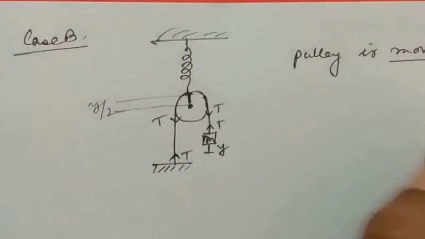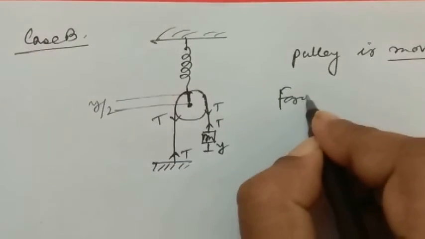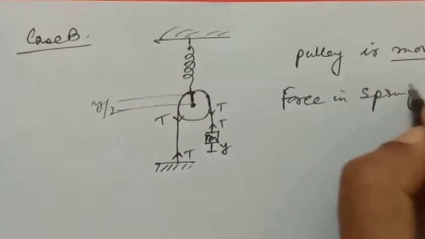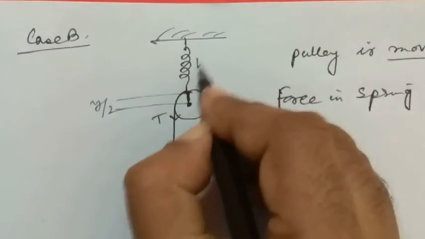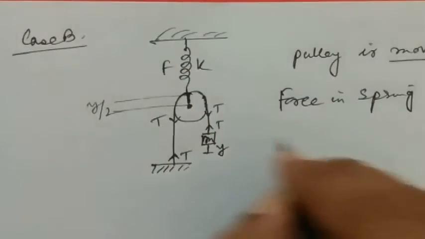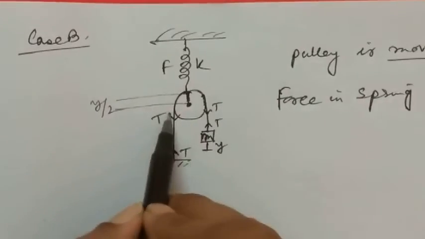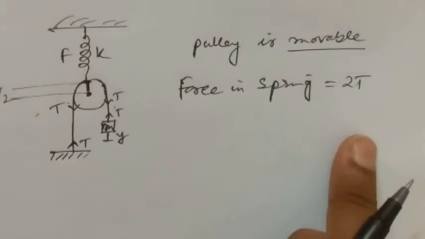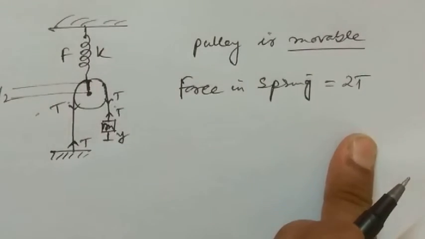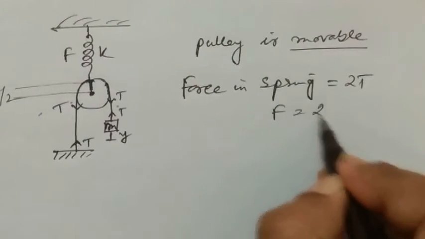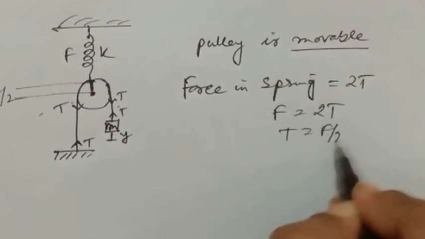So if the force in the spring, the spring of spring constant k, is F, what is the force in the spring? It is equal to 2T, T plus T. The force on the spring is T plus T. So F is equal to 2T, T is equal to F by 2.